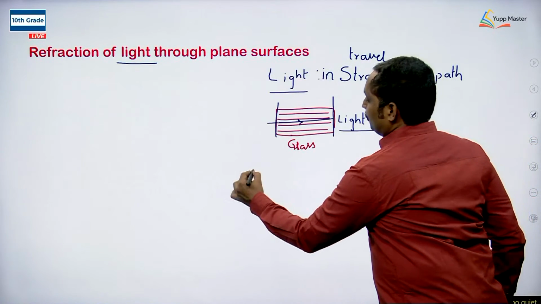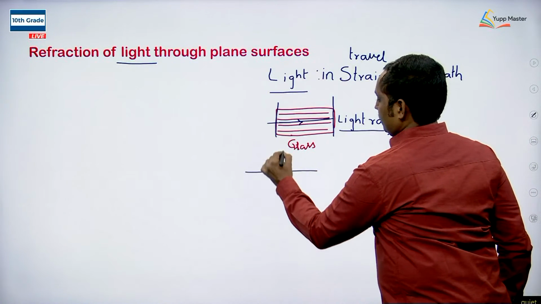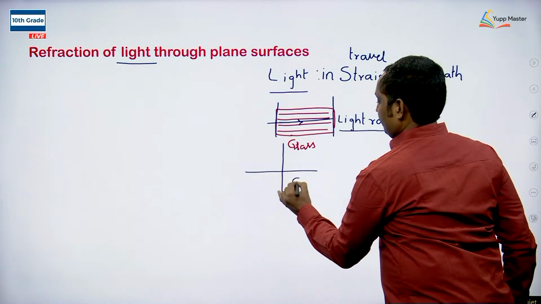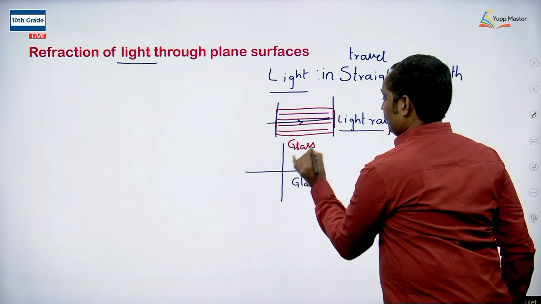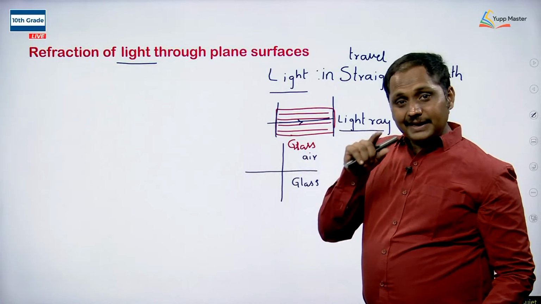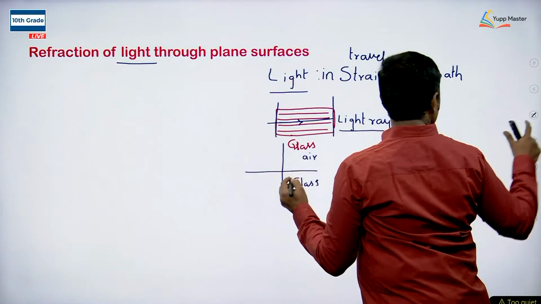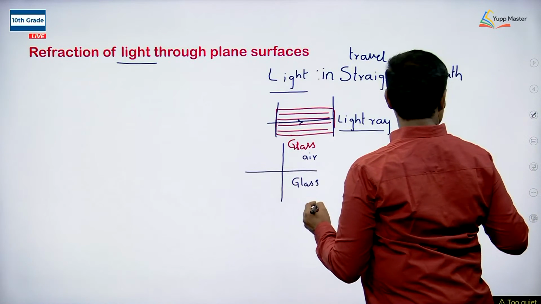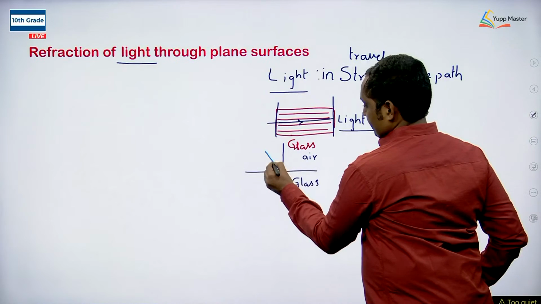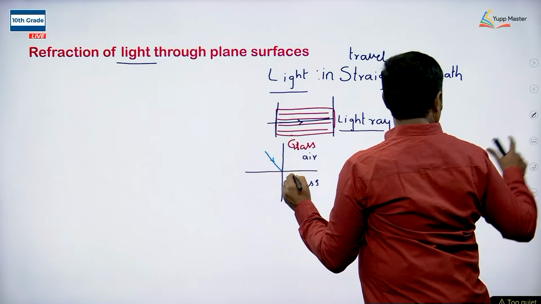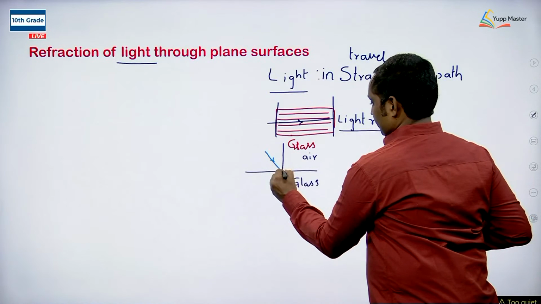Suppose this is an interface. This is the glass and this is the air. What happens when light enters from one medium to another medium? This is the incident light ray. Let us assume it is going to be refracted.